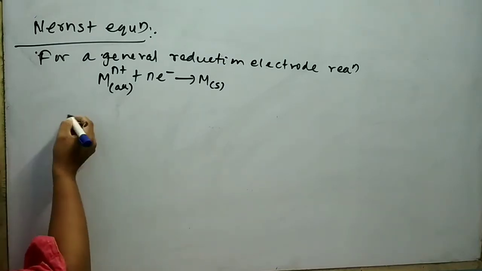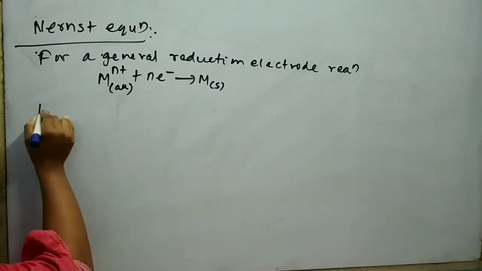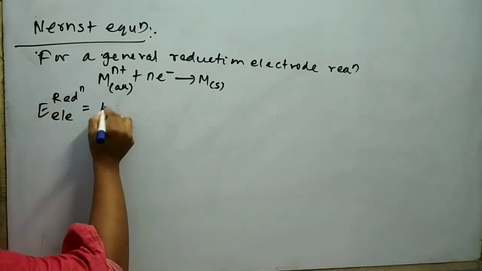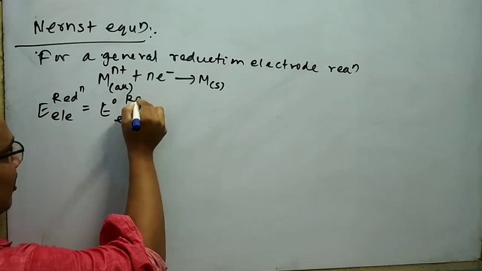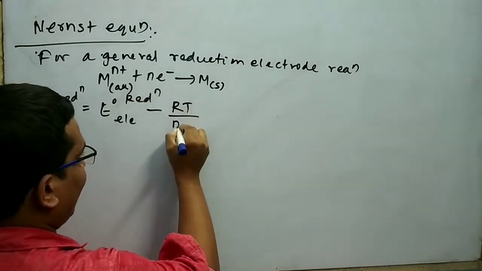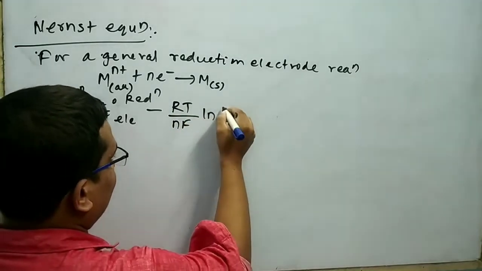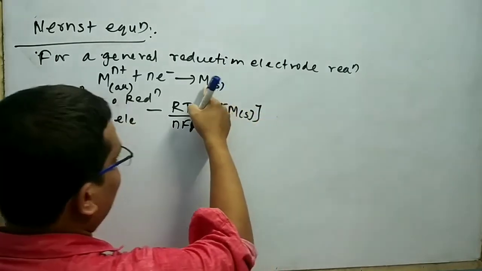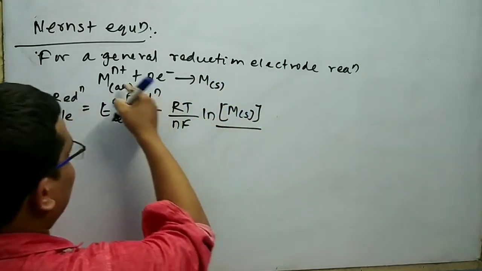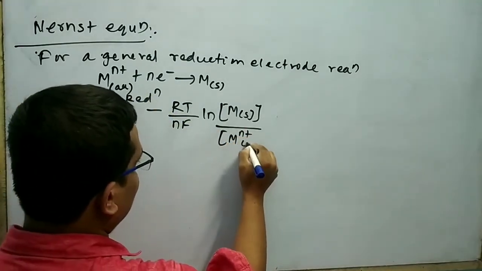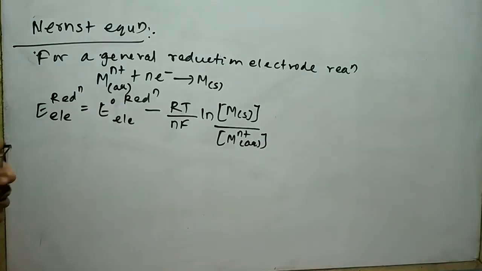According to the Nernst equation, I can write E electrode reduction equals E0 electrode reduction minus RT by nF ln of the concentration of the product, that is M solid, divided by the concentration of the reactant, that is M^n+ aqueous. Now I can convert ln into log.